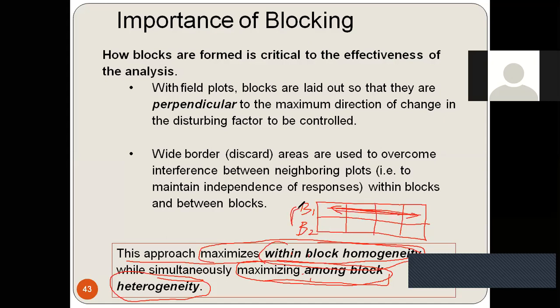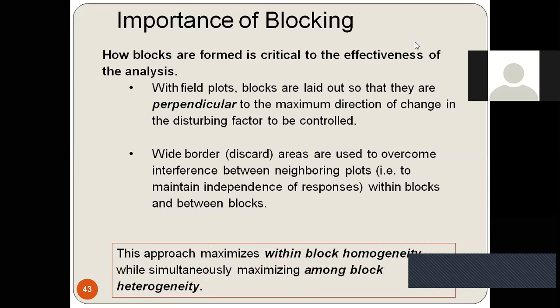Between the blocks, we maximize the heterogeneity, right? Let's say this is the direction of gradient, whatever the gradient, maybe moisture or fertility or whatever it is. So don't forget this phrase. Within the block, we try to maximize the homogeneity. Between the blocks, we try to maximize the heterogeneity. Two different things.